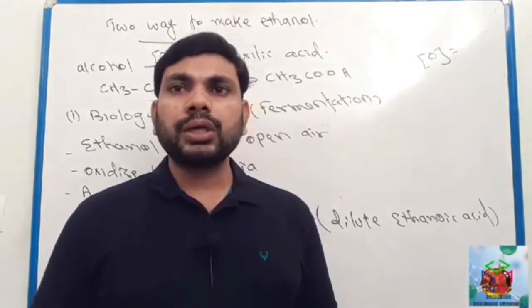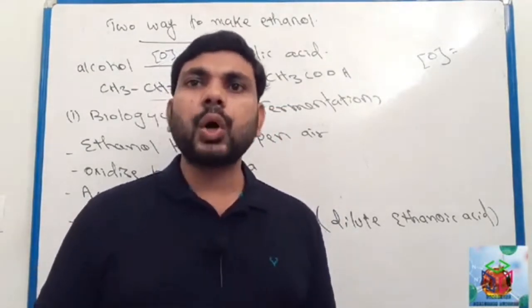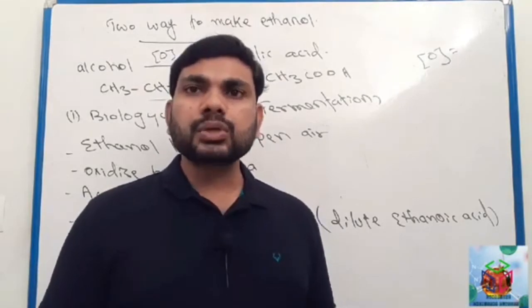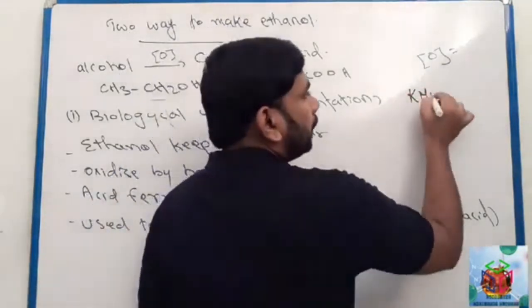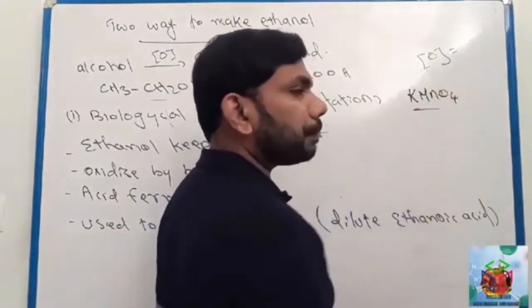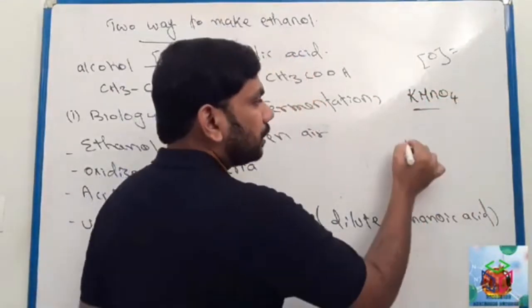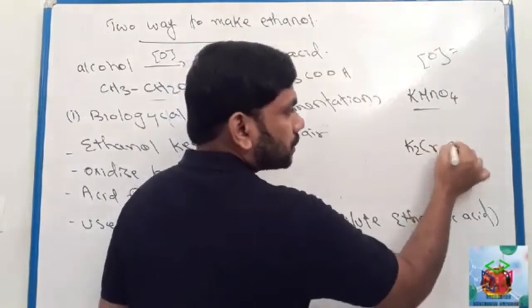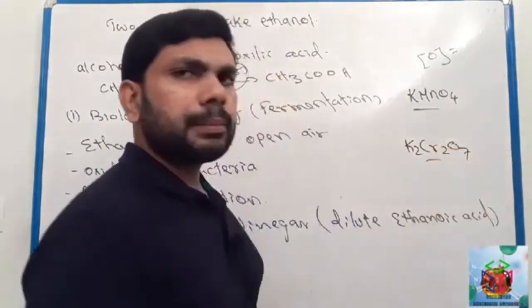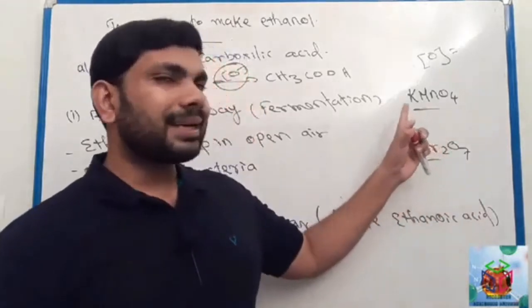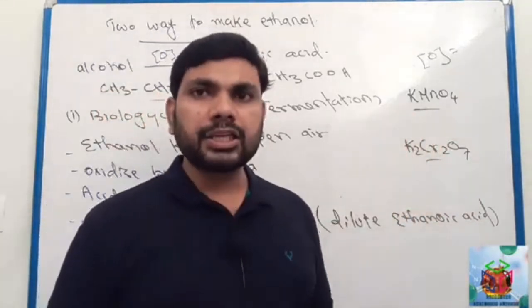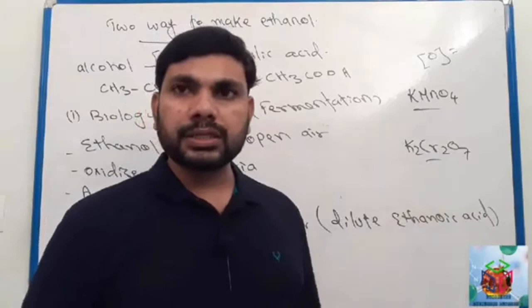So here alcohol should be treated with an oxidizing agent. The most common oxidizing agents are KMnO4, potassium permanganate, and another one K2Cr2O7, potassium dichromate.